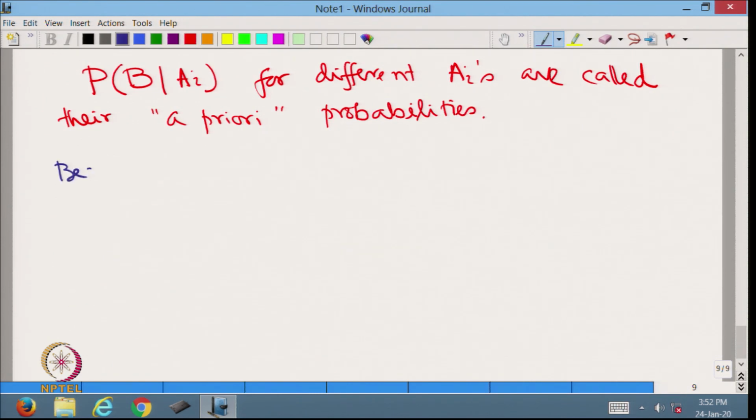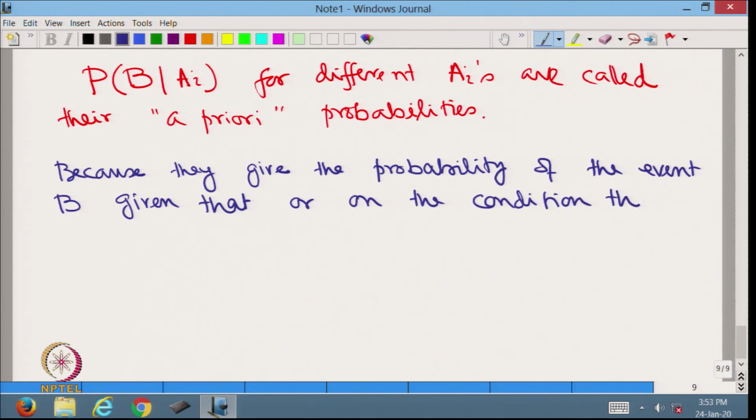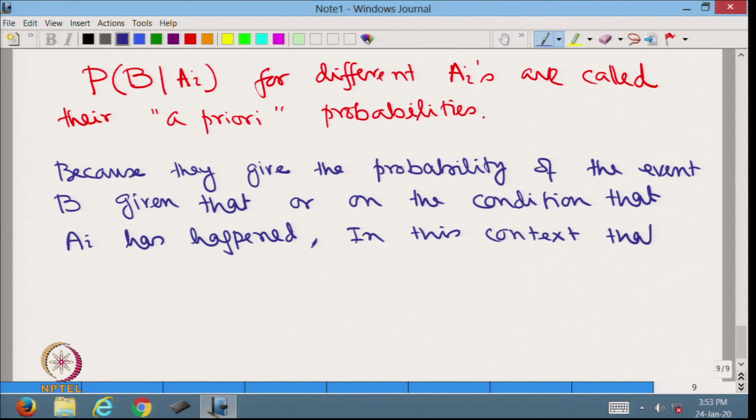This is because they give the probability of the event B given that, or on the condition that, Ai has happened, or in this context, that Ai has committed the crime.